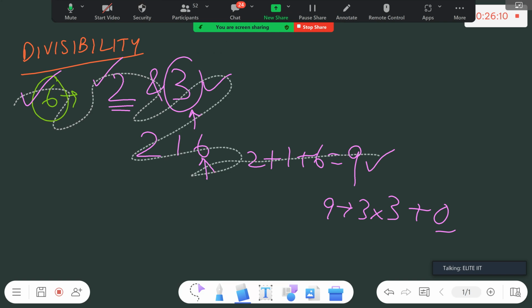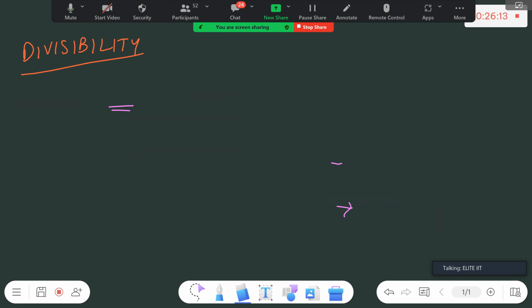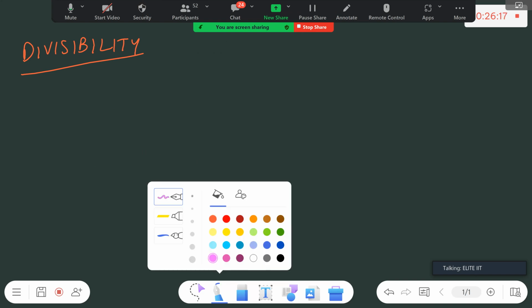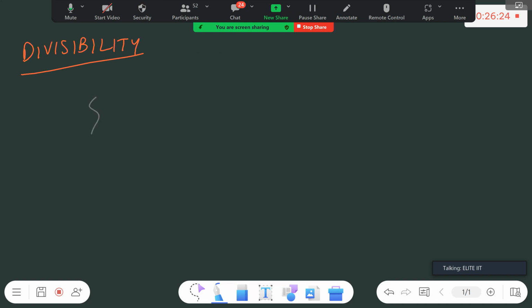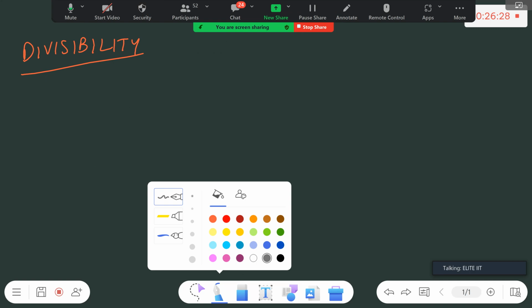Okay, now divisibility by 8. 7 is not in your level. 7 is a prime number, but 7 is kind of tough, so not in your level.